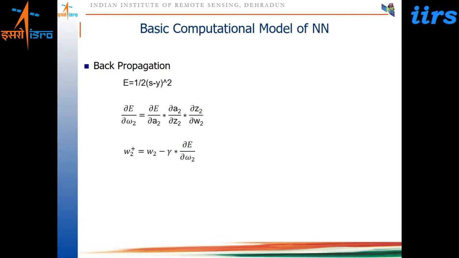Like in this case, the hidden layer or the layer 2 weight is getting corrected based on the total error which has been generated.